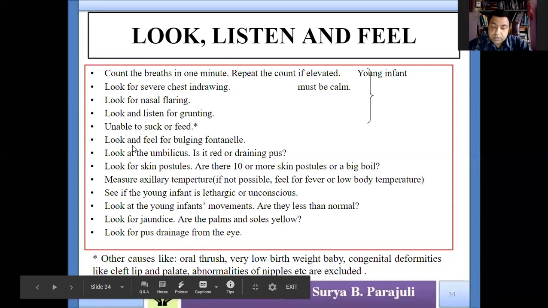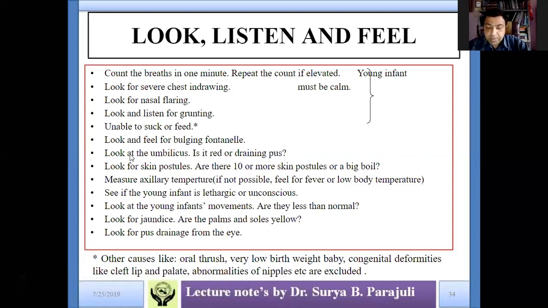Look, hear and feel for bulging fontanelle. Fontanelle means talu. Look at the umbilicus, nabhi. Is it red only or draining pus?